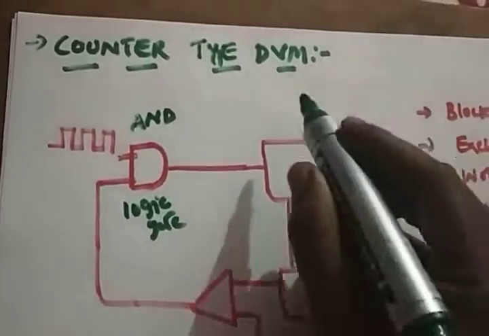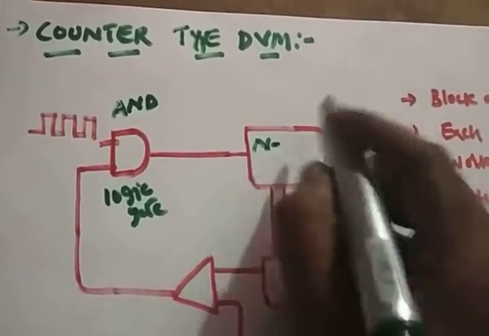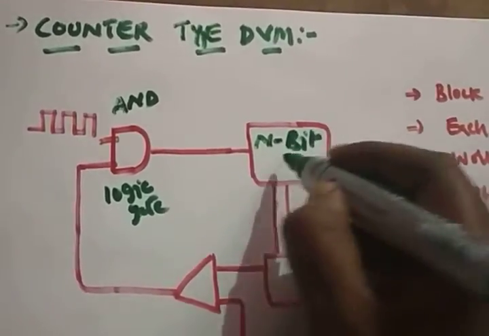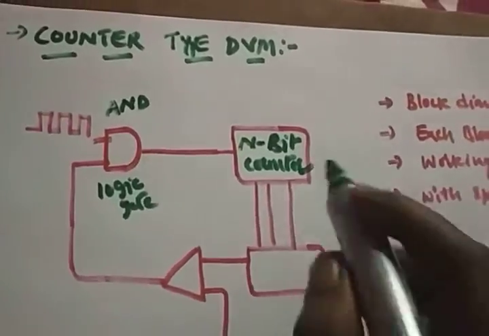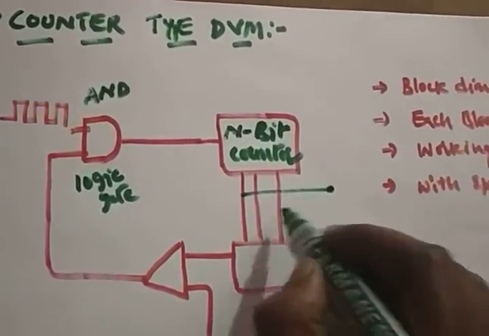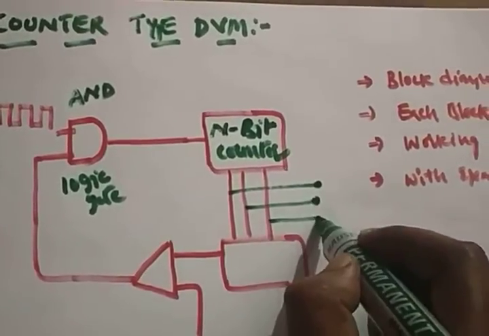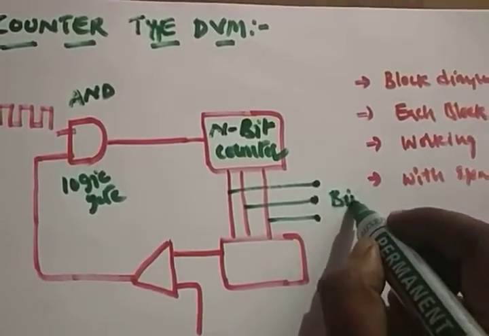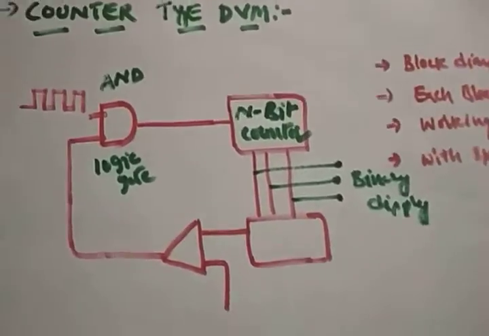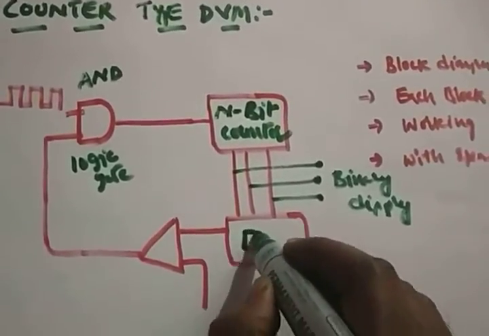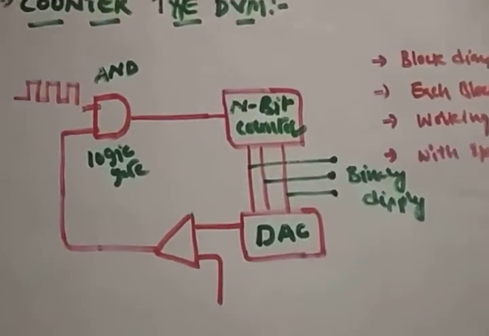This is called the n-bit counter. This is a binary display. This is a digital to analog converter.